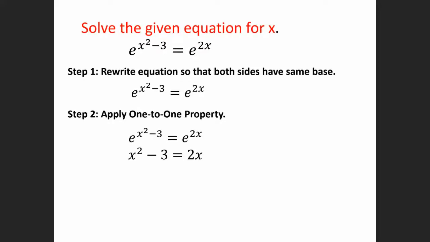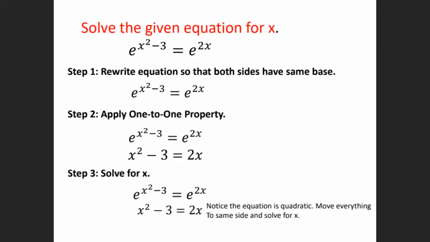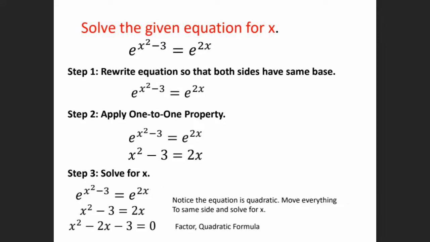But I noticed something. I have a square, so it looks like I'm going to be solving a quadratic. So I'm going to move everything to one side. I'll move the 2x to the other side so I can have a quadratic in standard form. When I do that, I have this: x squared minus 2x minus 3 is equal to 0.